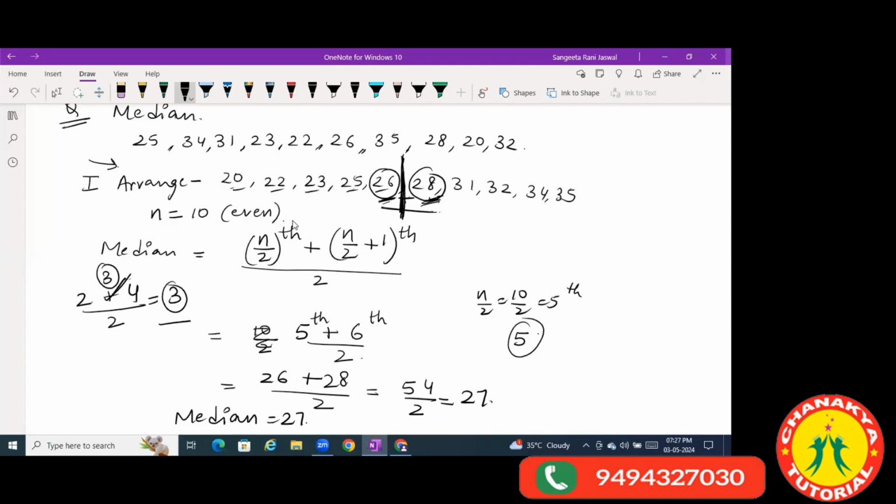You cannot take 26, you cannot take 28. 26 is not the median, 28 is not the median. The median is 27, so you have to take that value. It does not make any difference whether it is in the list of data or not. If that's a median, then it is a median.